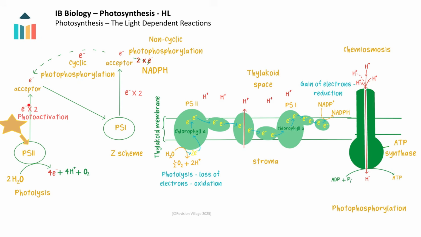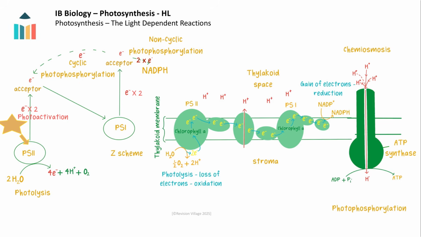A pair of excited electrons escape from the chlorophyll A, oxidising the chlorophyll A, and pass to an electron acceptor in a higher energy state, thus entering an electron transport chain, shown here. The electron acceptor has gained electrons and so is now reduced.